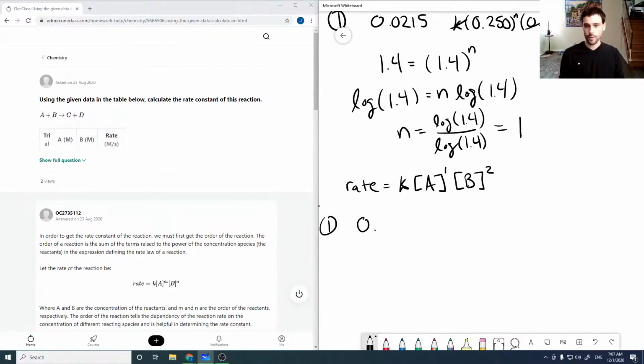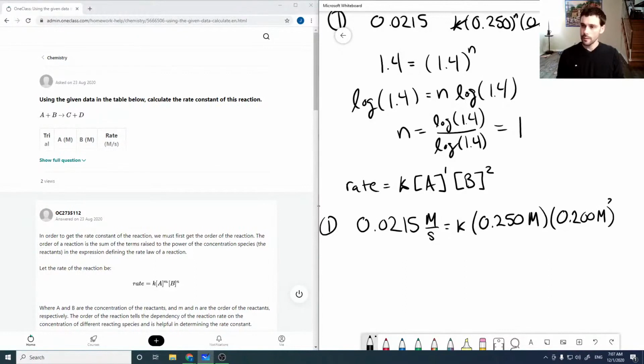So 0.0215, and that was in molars per second, is K, and A is 0.250 molar, and B was 0.200 for the first trial, and that would be squared.